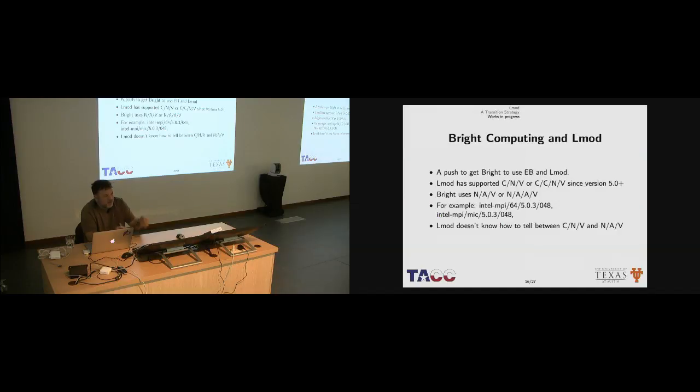In other words, there's a rule in Lmod that says if you're a file in a directory that has subdirectories, you're a name without a version. So if you had Intel 64 underscore, that's a file.